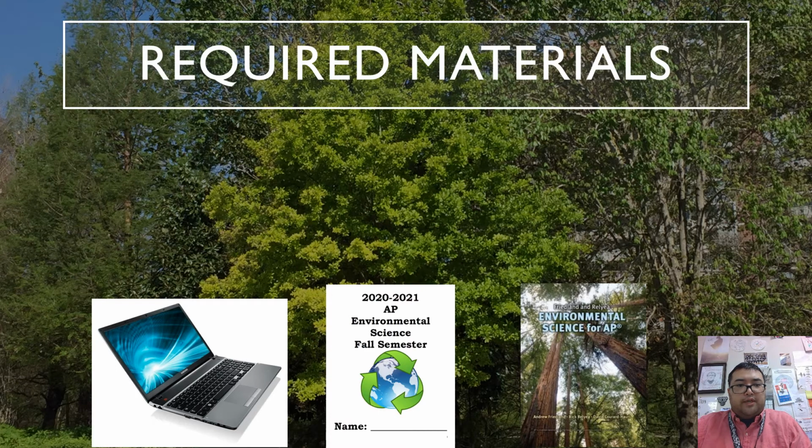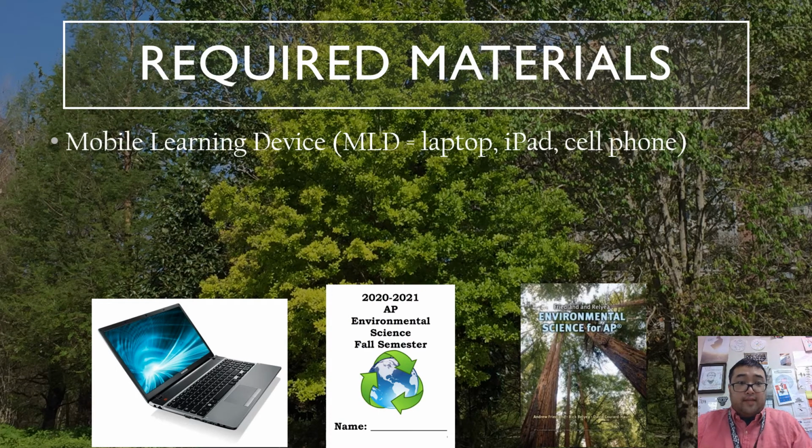So, required materials. We first have the mobile learning device. Whether you're face-to-face or online, you should have a laptop. An iPad and cell phone work as well, but to best utilize and participate in Canvas, it is recommended that you use a laptop. Then your spiral. You can actually see it here. We have printed one out for every student registered for APES.